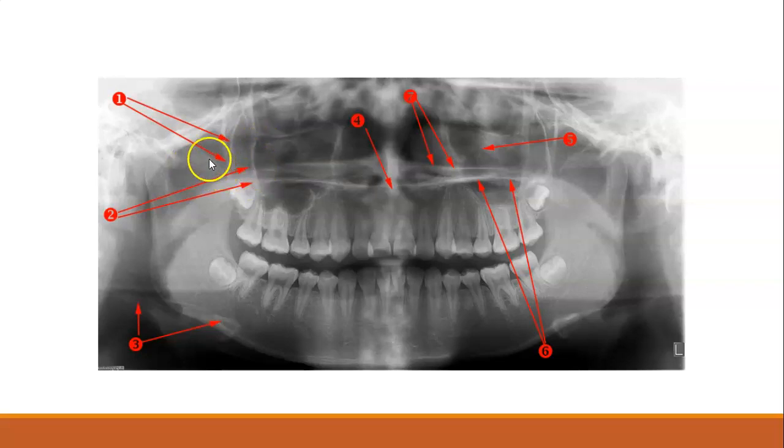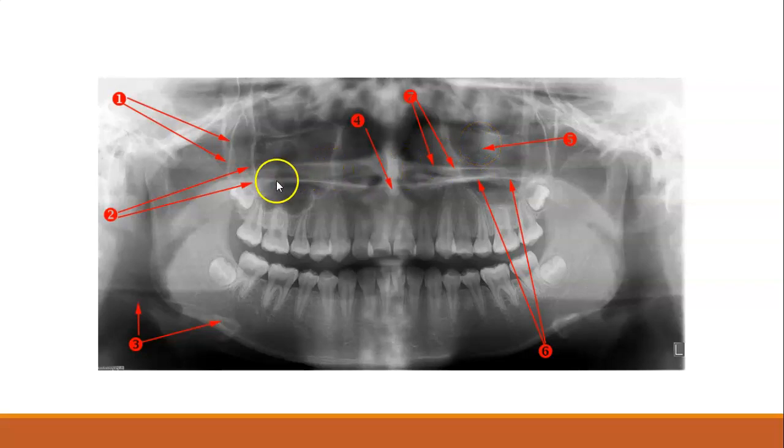It goes up this way too, but this right here is the start of it. 3 is the hyoid bone. You can see that here. We kind of pointed that out before. 4 is the anterior nasal spine. 5 is the wall of the infraorbital canal here.